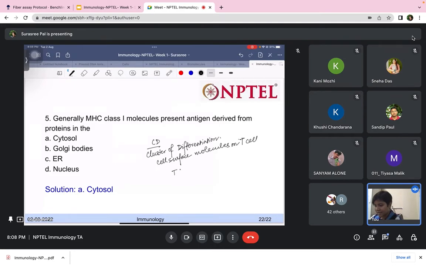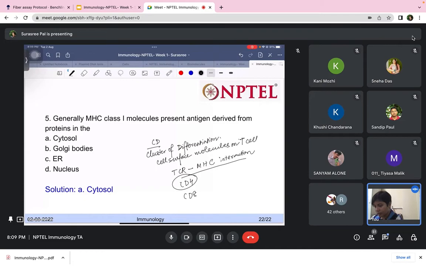In this TCR-MHC interaction, there are several components which play important roles, and one of them is these CD molecules, right? There are CD molecules on the T cell, as well as CD molecules on the APCs, which interact with each other and strengthen this interaction between TCR and MHC, right? And CD4 and CD8, right?